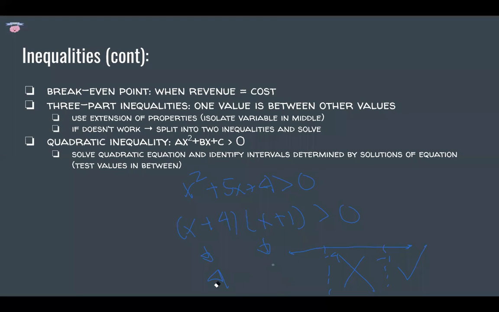And if you plug in -5, which is on the other side, you'll get -1 for this and -4 for this. The product is 4, which is positive, which works. So the solution would be from negative infinity to -4 union -1 to infinity. Or you can write it in inequality form: x is less than -4 or x is greater than -1.